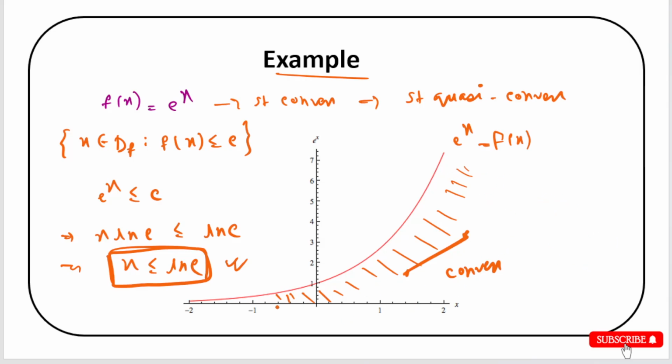So this entire set below is a convex set, which basically implies that it is a quasi convex function, right? So using the definition you can do this, or you can simply plot this diagram and check for yourself what is the case. And in this way you can find a domain in which you can check the quasi concavity and quasi convexity.